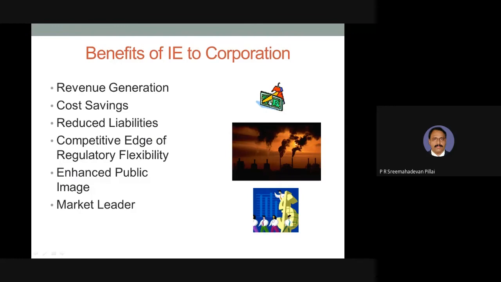Similarly, if you go for industrial ecology, in the long run we will have cost saving, because we are resorting more to what is nowadays called frugal systems. I don't know whether you have heard of it. Frugal systems mean just sufficient material, just sufficient energy, just sufficient time. You are producing the product without wasting time, energy, or material. That is called the frugal system.